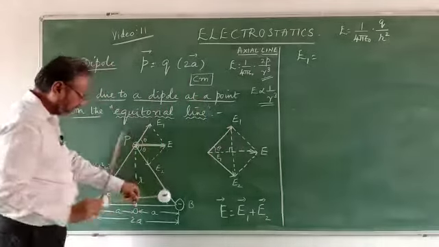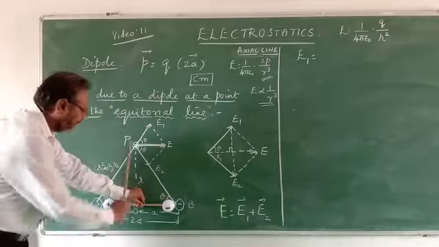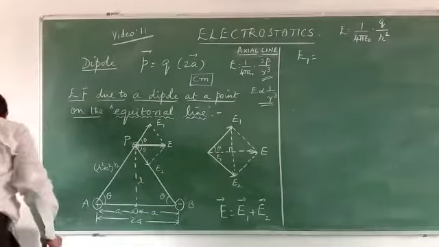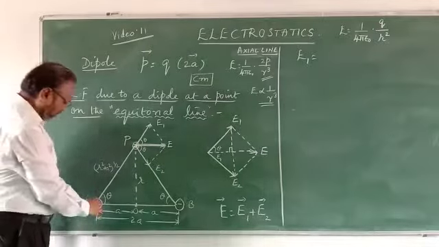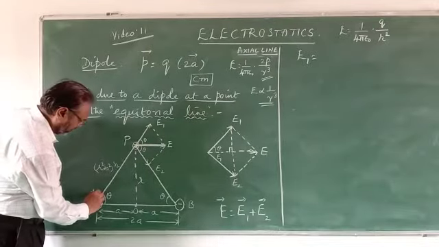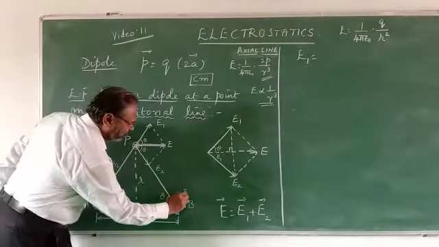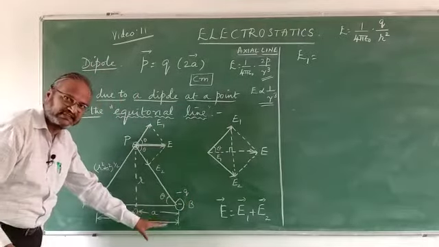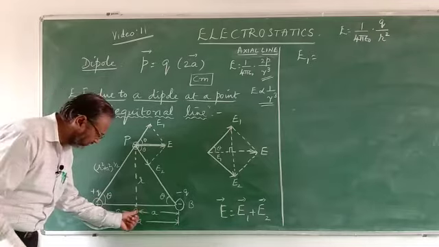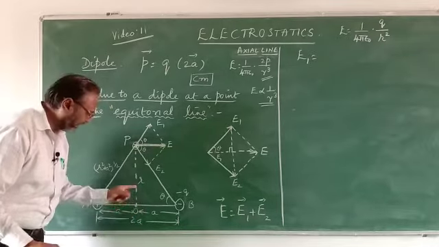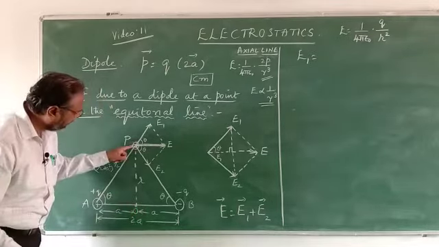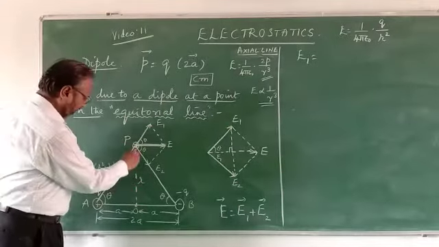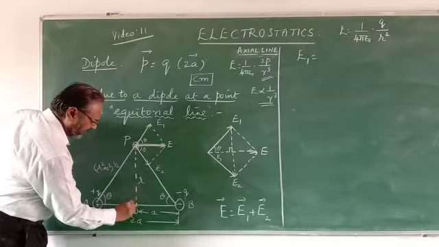Now let me take the dipole to be like this, and the point P is here, and this is in the equatorial line. The charge is plus q here, and charge is minus q here. And the dipole axis 2a is the distance, and the middle point is O. And from there, the point P is lying at a distance r. We know that this is a right angled triangle.